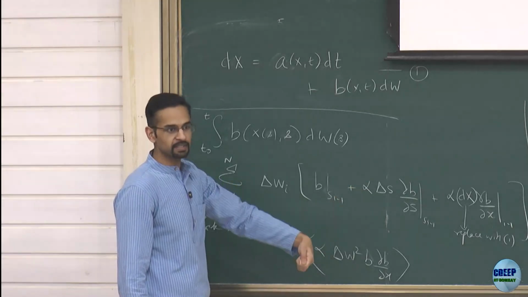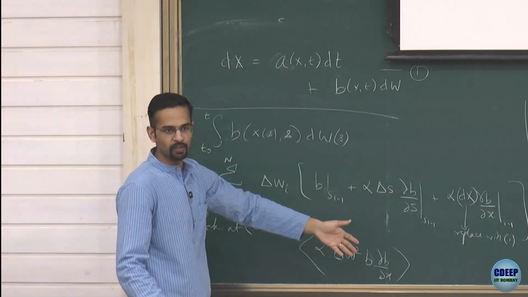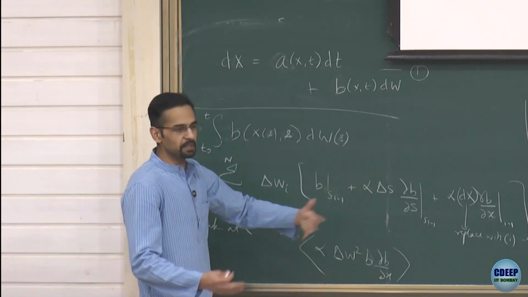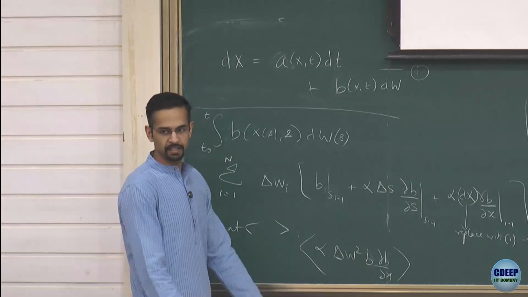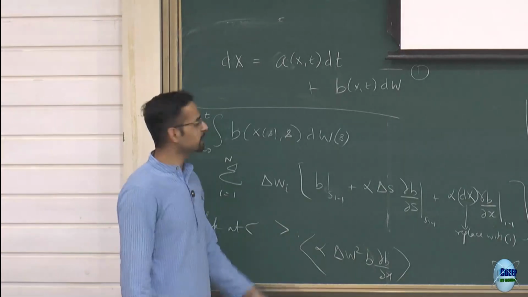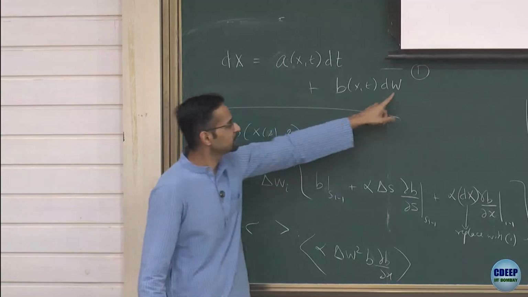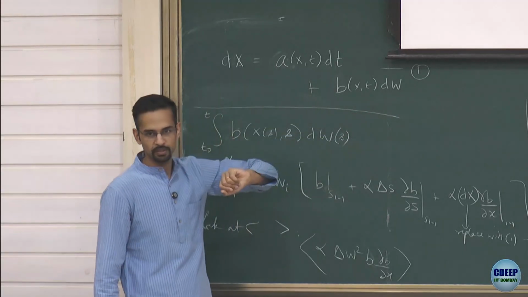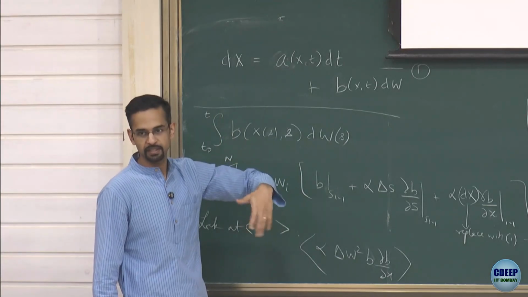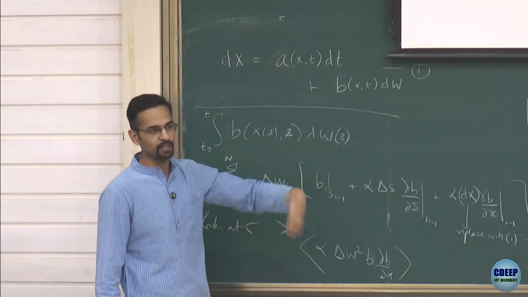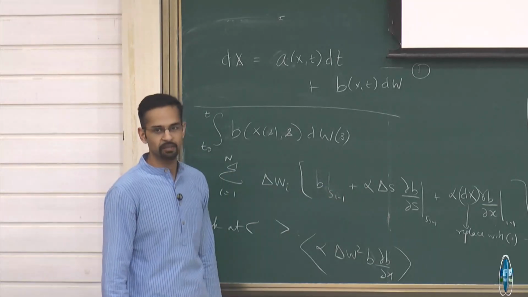Whether that dependence comes directly through the Wiener process, where I specify b as some function of w like sine w or w squared, or indirectly through a stochastic process x, which itself is governed by an SDE that depends on w, it doesn't matter how that dependence comes in. If the function you're integrating depends on the Wiener process directly or indirectly, you will have this problem about where that integrand function is being evaluated.